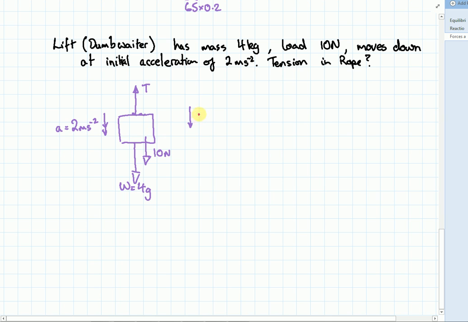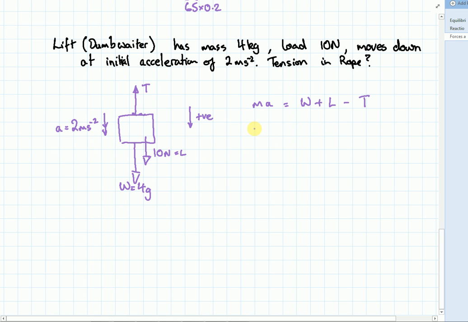Let's choose downwards as being positive. So my net motion is the mass times the acceleration, which is equal to everything happening in its own direction: the weight plus the 10 newtons, which is the load, and then pulling back against that is the tension in the rope. So now I've put in my values.